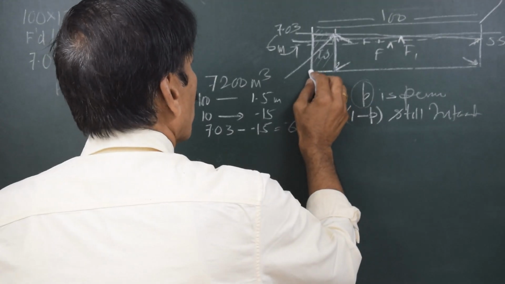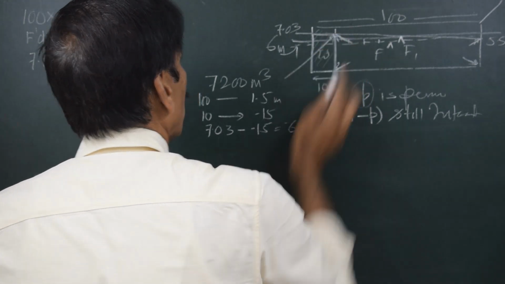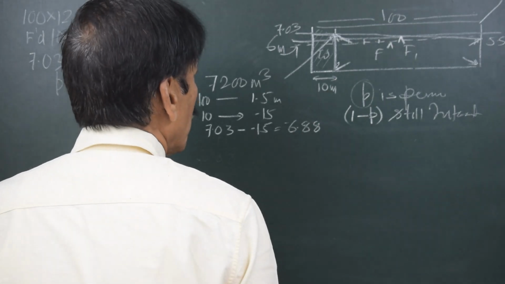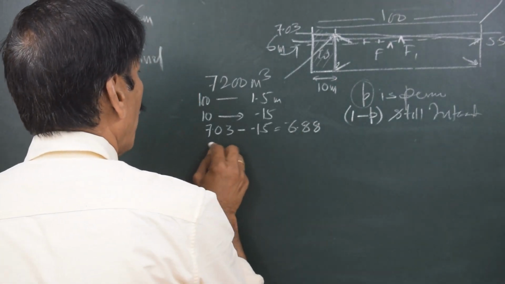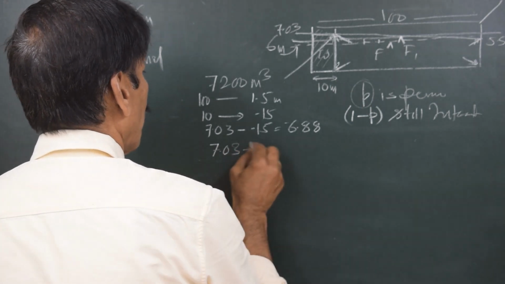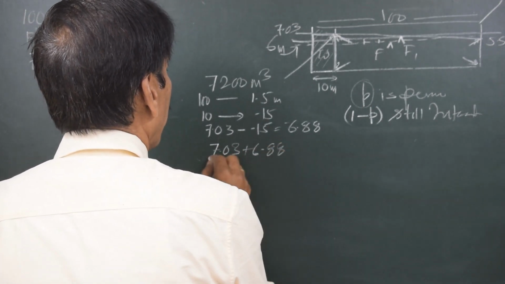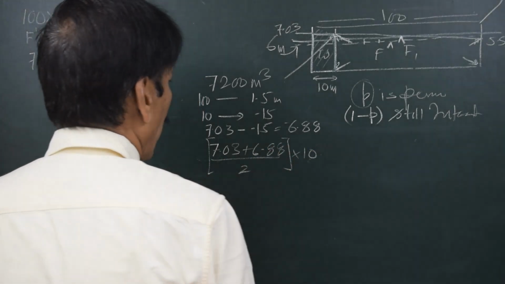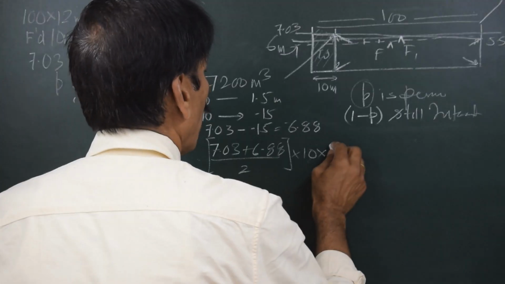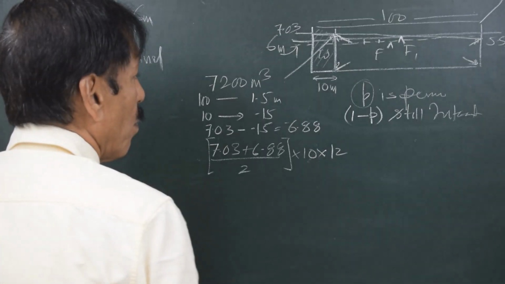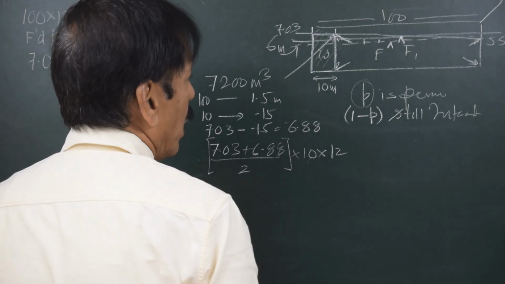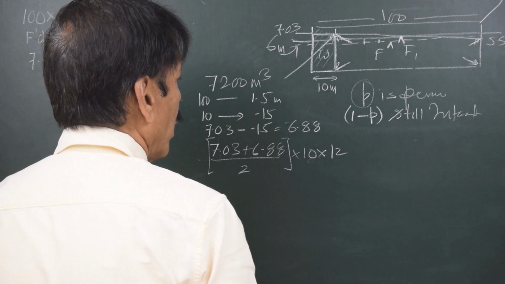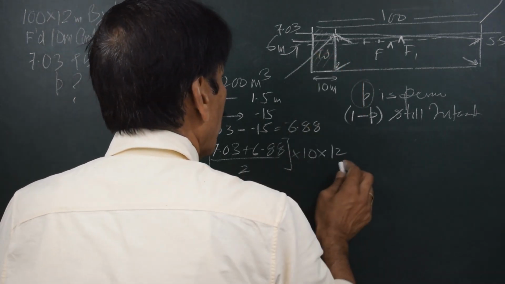Now, how to find out the underwater volume in the forward 10 meters? I suggest we find out the area of this trapezium and multiply by 12. So area of trapezium is mean of the parallel sides, so 7.03 plus 6.88 divided by 2 and multiply by the distance between the parallel sides, and if I want volume I multiply by 12, but I know that this portion fully is not supporting the buoyancy. So what is the intact part of this volume?